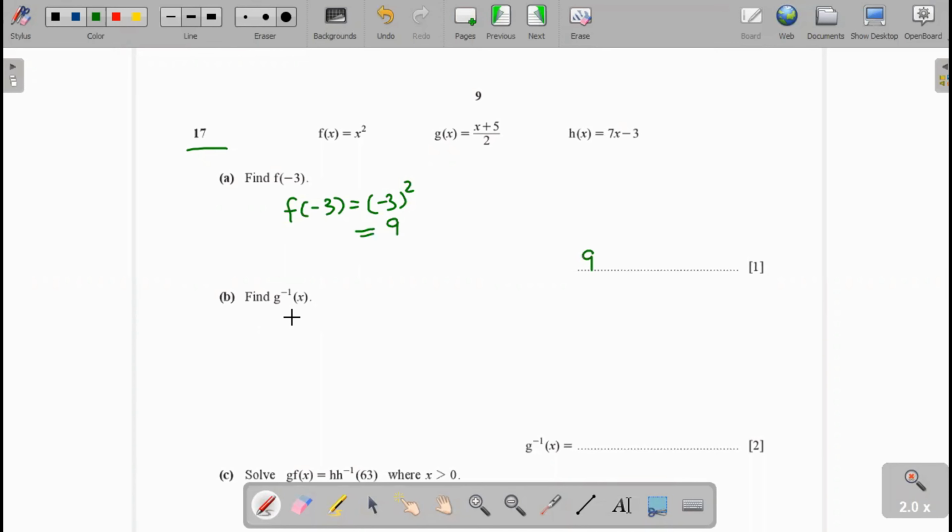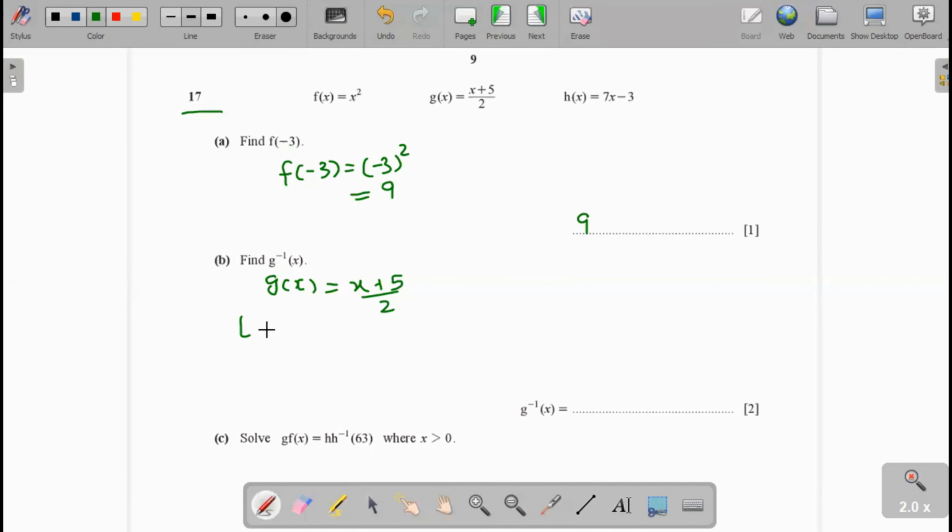Now we use g of x is equal to x plus 5 over 2. Now we name it as y. Let y equal g of x. Therefore, x will be equal to g inverse of y. Now y equal to x plus 5 over 2.